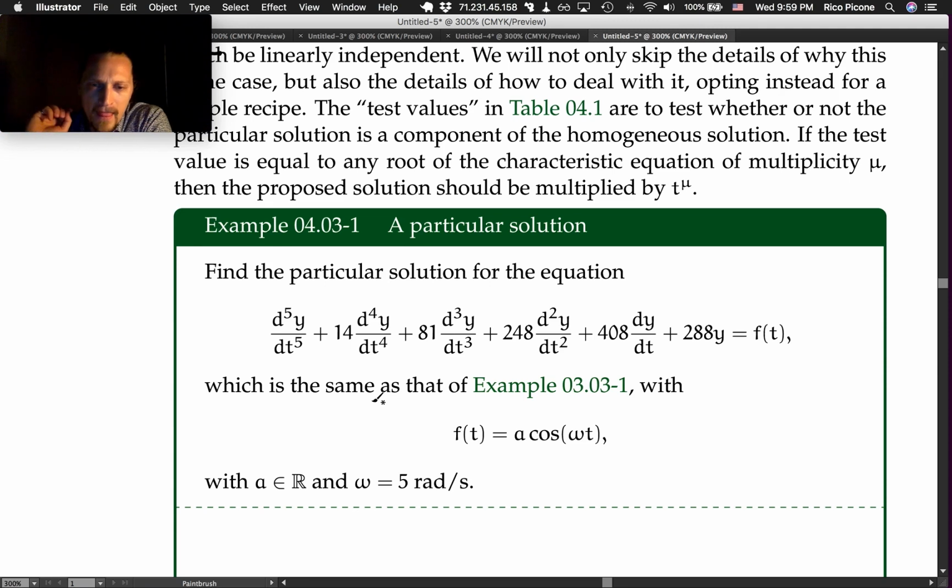Now, this is something that I do a lot. I don't always give you a number for a parameter. So in this case, I just said A, some number times cosine omega t. So carry that A around in all of our calculations, which is a bit annoying, but once you do it, it's actually easier than writing a bunch of numbers, and it's good practice, even if you have numbers from the beginning of a problem, to just put in symbols instead.